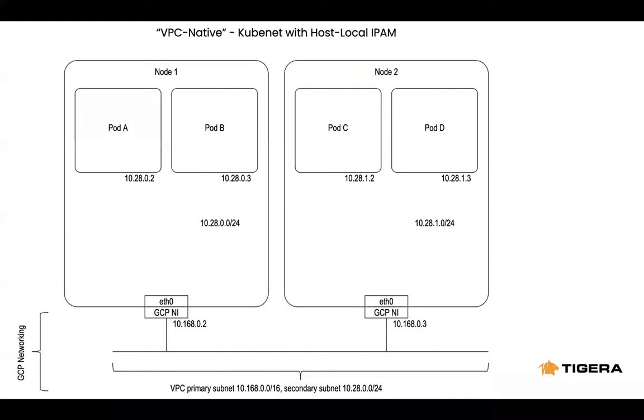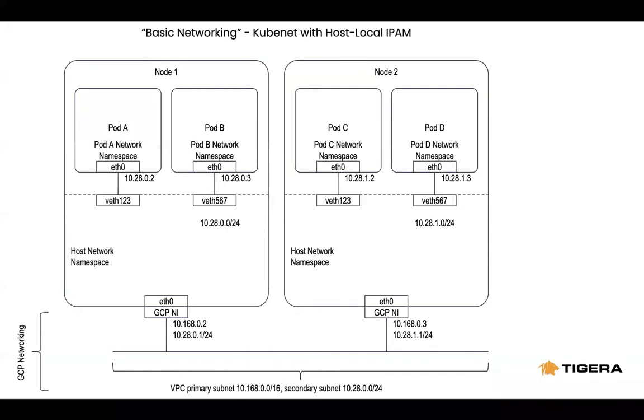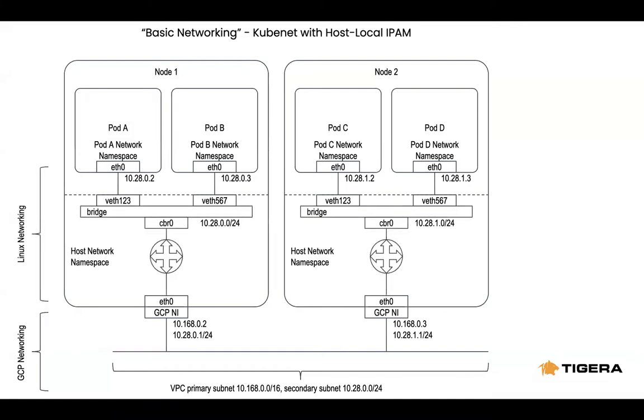The host local IPAM is what gives you that /24 on each node. Then you get the veth pair that connects each pod to the host, and then a bridge. The Linux networking is set up with a bridge to route all the traffic.